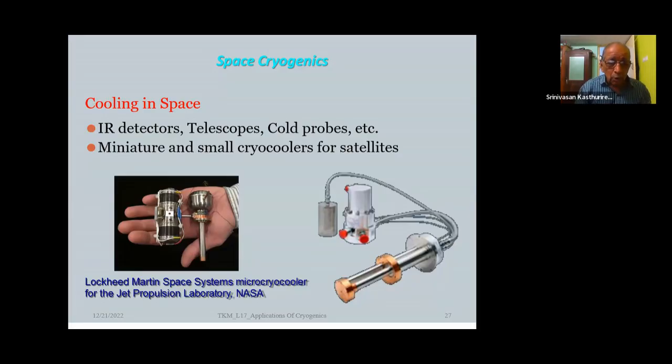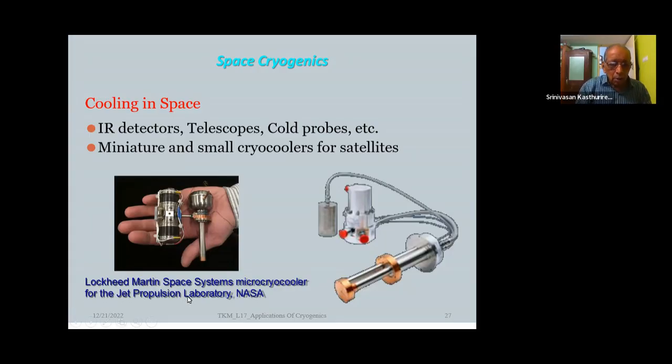Because of this noise reduction importance, you use small cryocoolers which can work at very low temperatures. For example, the person is holding the Lockheed Martin Space System micro cryocooler for the Jet Propulsion Laboratory, USA.